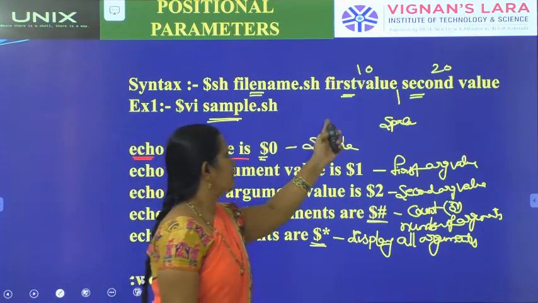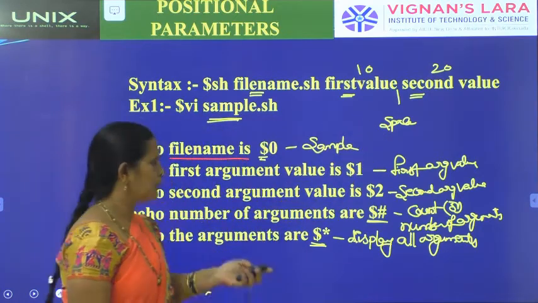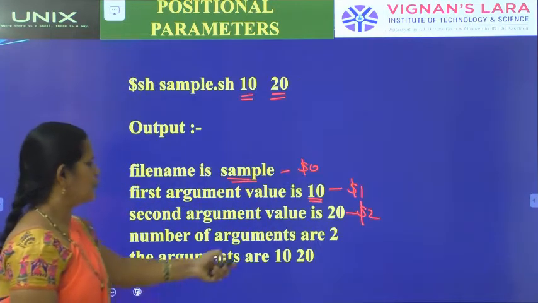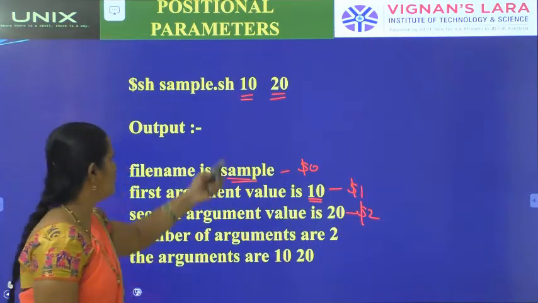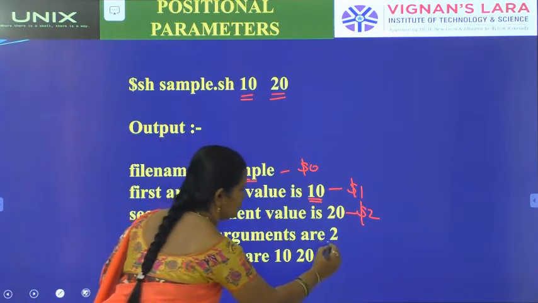Here I submitted only 2 arguments, those are 10 and 20. It's going to count these arguments and display the value as 2. So it is going to display number of arguments are 2.